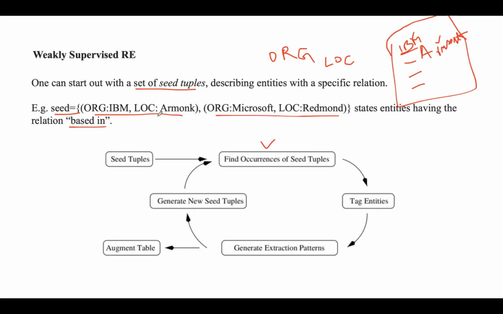Next, create patterns for these occurrences. Now we need to generate patterns. So we extracted these words, right? So we need to create patterns. So already we have assigned organization and location as entities to the words which are existing in the text.